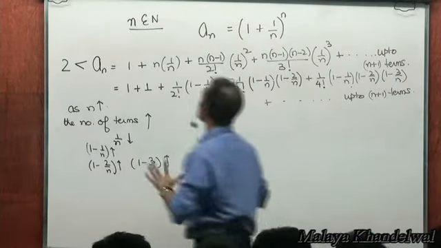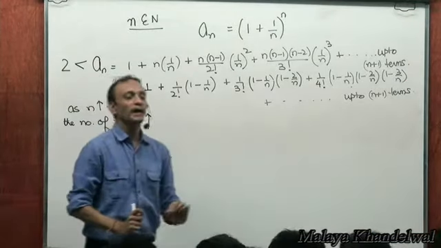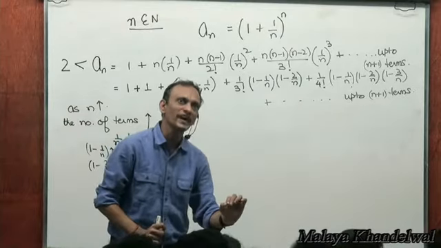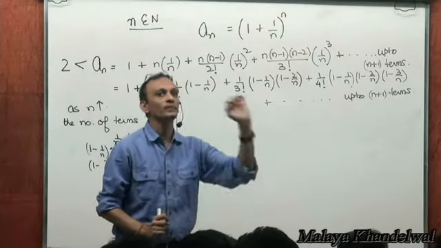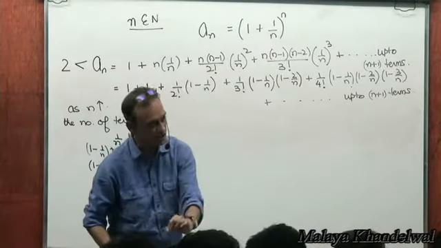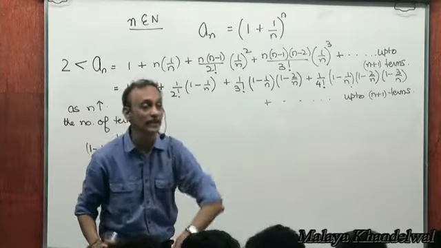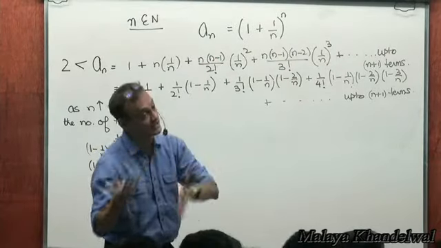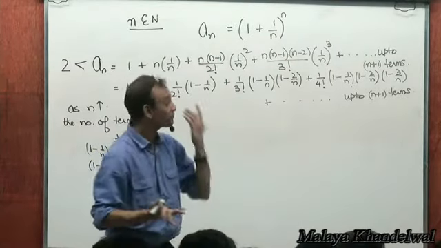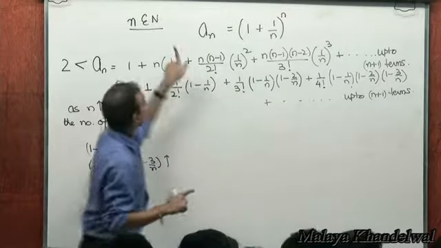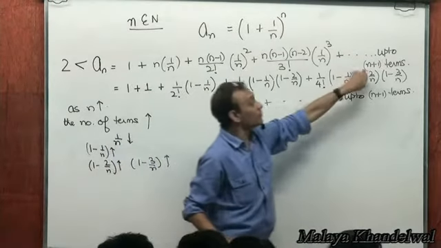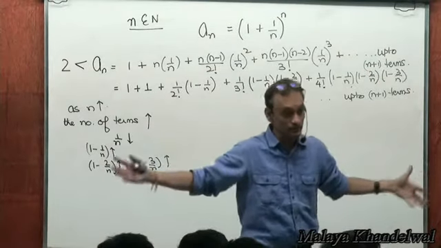All that I am saying is, see, what am I trying to do? I am trying to see what happens to an when I go from n equal to 3 to n equal to 4, say, or n equal to 3 to n equal to 10, whether a3 is bigger or a10 is bigger. I want to figure that out, right? So, if you increase n, the number of terms, which is n plus 1, is increasing.